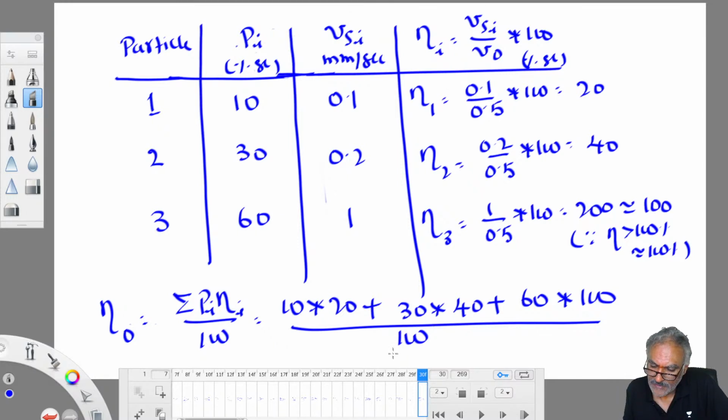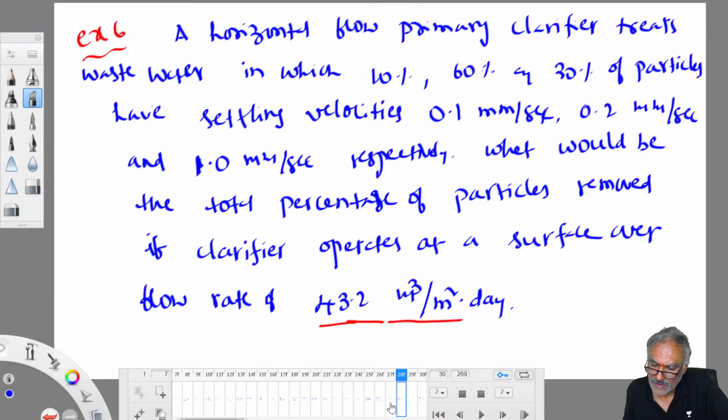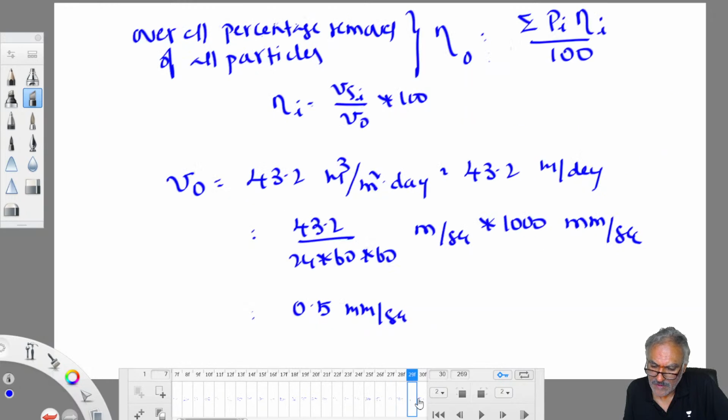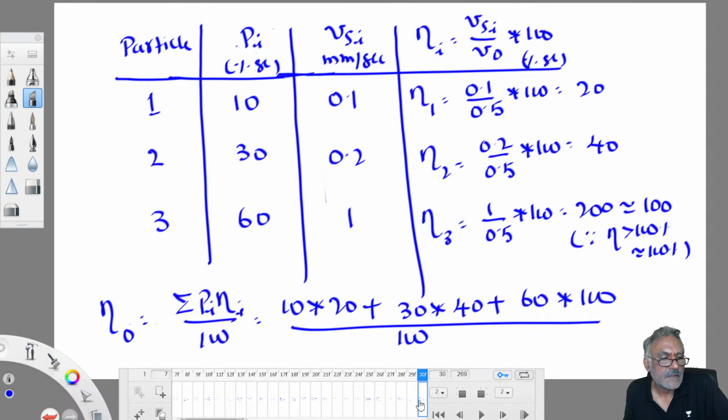Overall removal, I'm not getting properly.